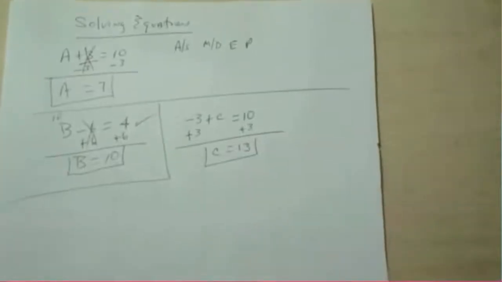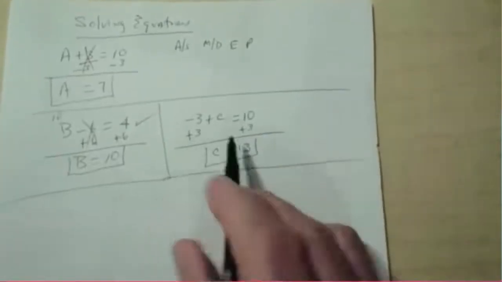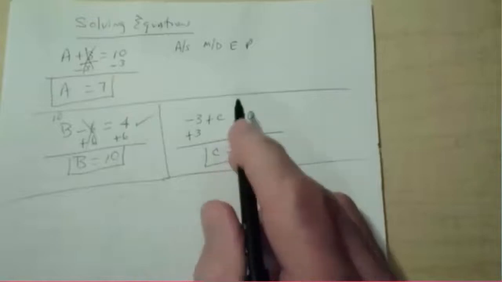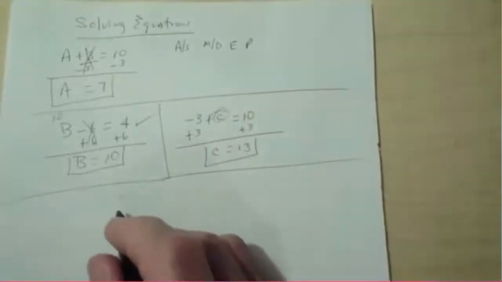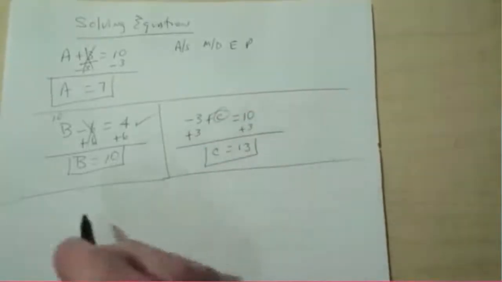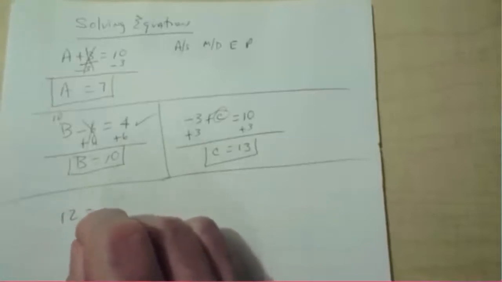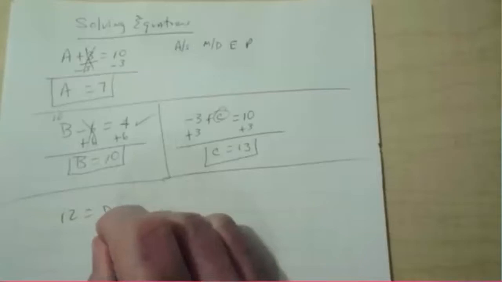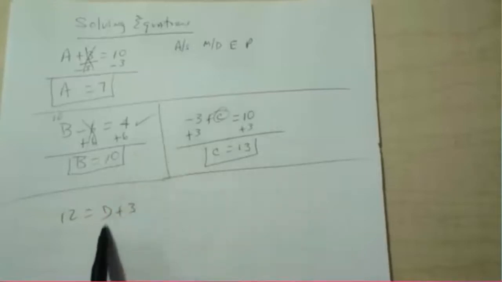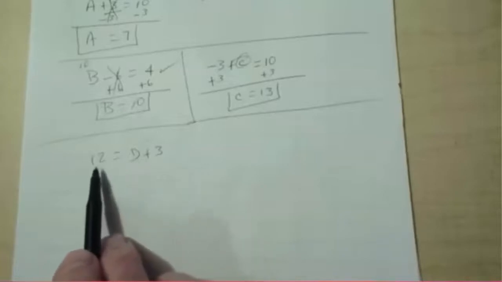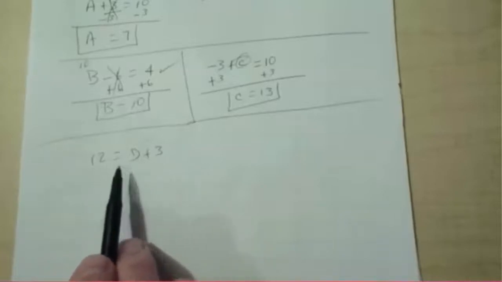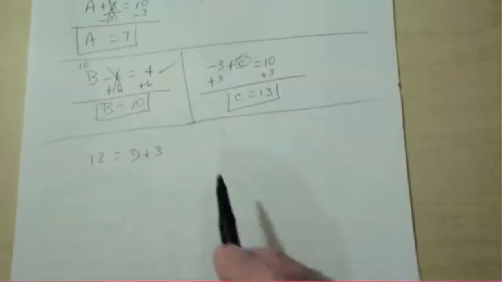Okay, now even if you had the variable on the other side, 12 equals d plus 3. Okay, we want to solve for d. Now, we like to have the variables over on the left, but get used to doing it like this.